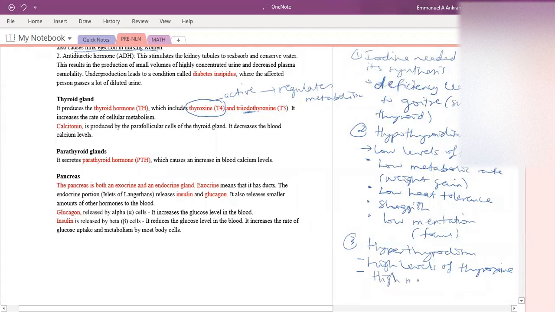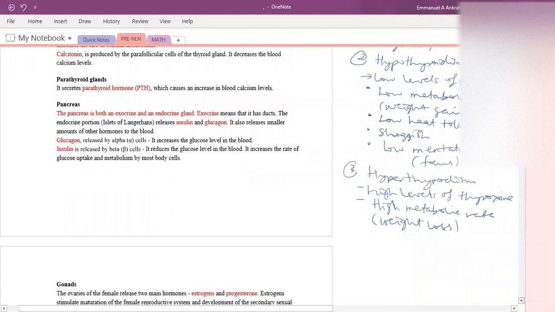Because of this, they eat a lot, but because of the high metabolic rate, they don't put on weight. So here, weight loss, because the metabolism is high. And because the metabolism is high, they generate a lot of heat.